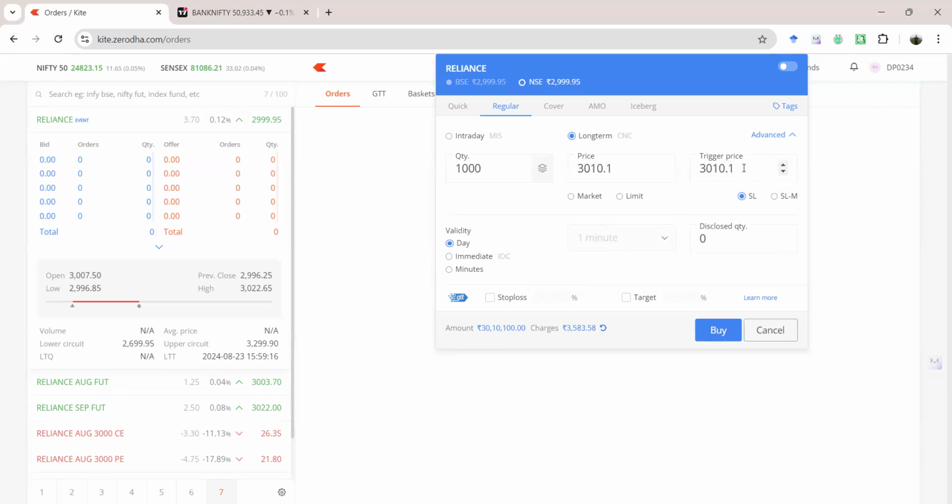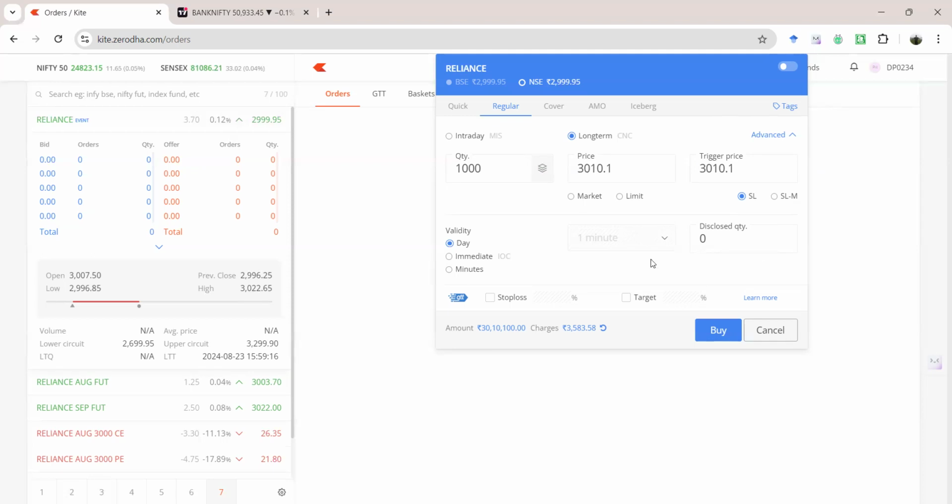Once price crosses 3010 rupees 10 paise, our order will get executed, but it will get executed at 3010 rupees 10 paise. It will work as a limit order. If from 3010 rupees it goes directly to 3015 and doesn't come back to 3010 rupees 10 paise, then this order will not get executed. But if it goes up, comes down again, and touches this or comes below, then our order will get executed.